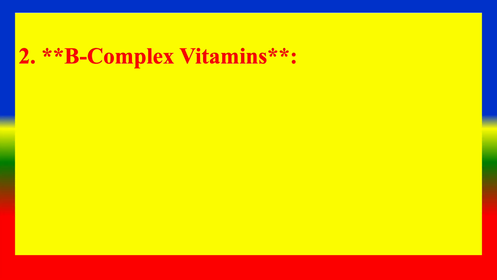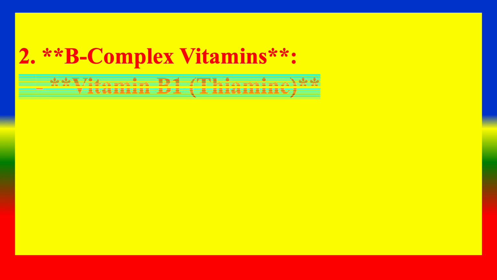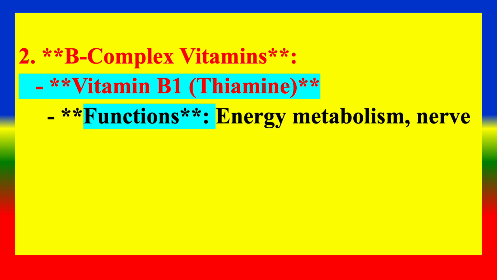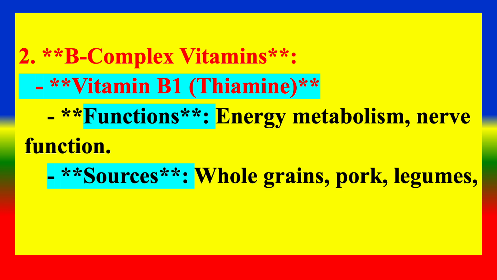Two, B complex vitamins. Vitamin B1, thiamine. Functions: energy metabolism, nerve function. Sources: whole grains, pork, legumes and seeds.